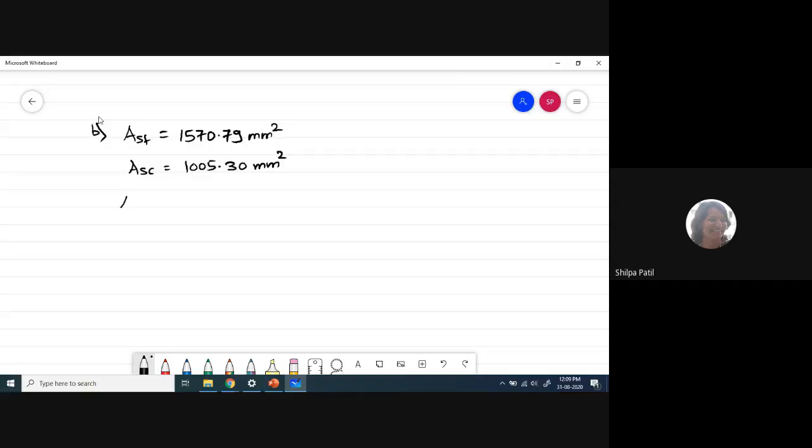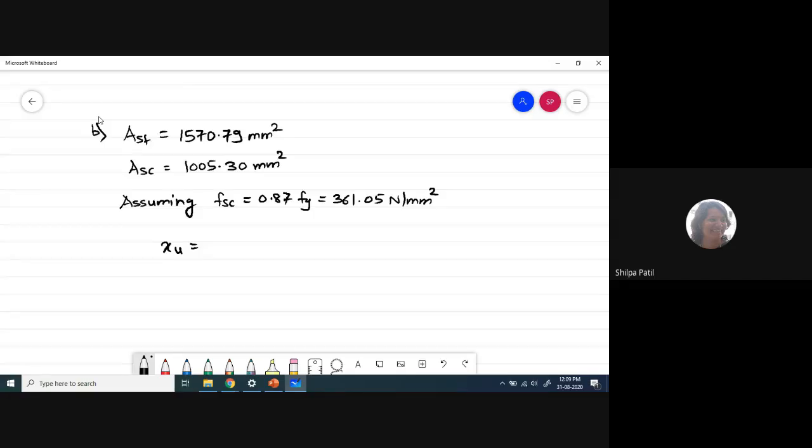So the first step is again assuming FSC is equal to 0.87 FY. What was the value? 3 something, na? 361.05. Okay. Now calculate XU.